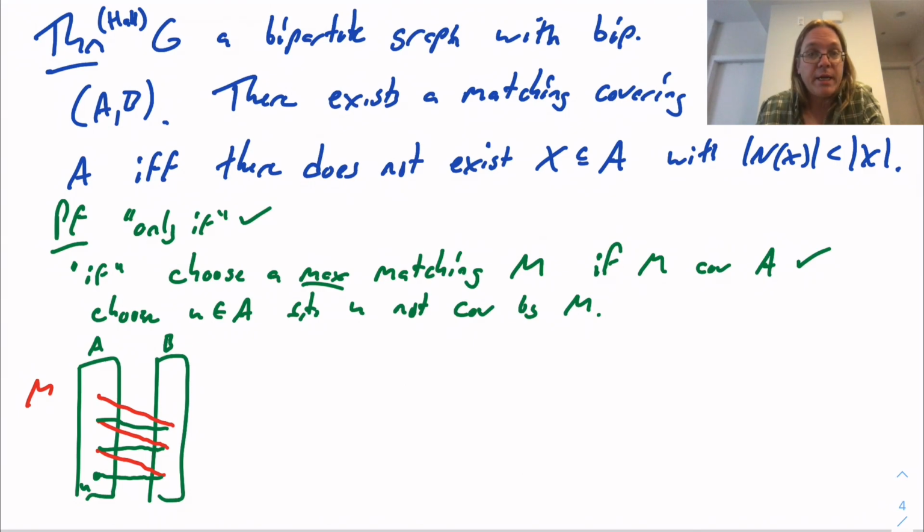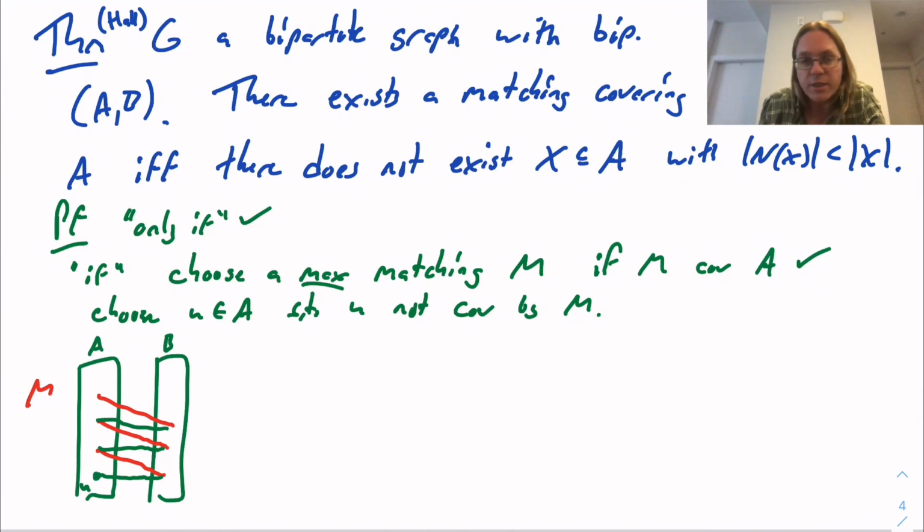Now what's happening here is that because the vertex U is not covered by my matching, there's no edge of the matching incident with U. And that means that however you start at U and start along some alternating path, the first edge you take will not be in the matching, so the next one will. And then the next one will not, and the next one will.